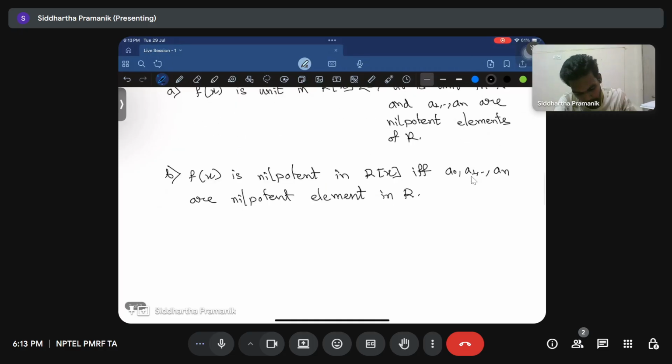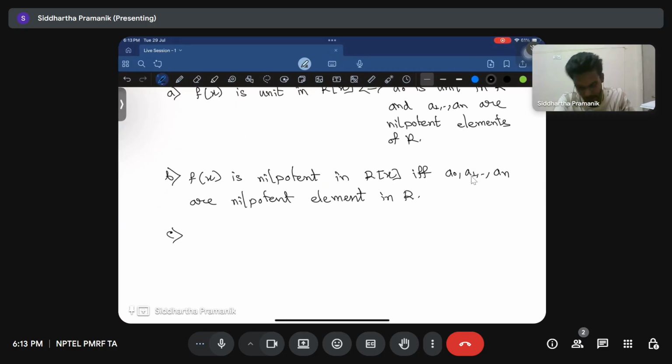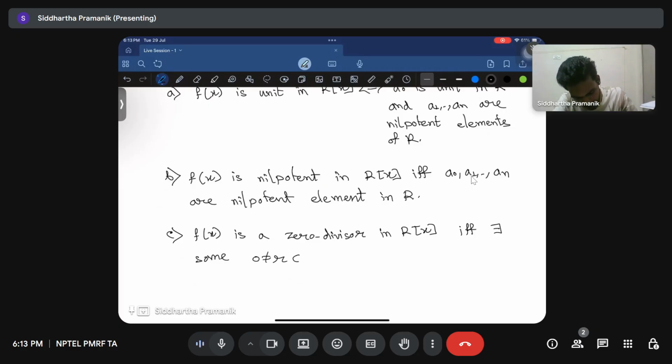And finally, we will talk about the zero divisors. So f(x) is a zero divisor in the polynomial ring R[x] if and only if there exists some non-zero element r in R such that r times f(x) is 0.